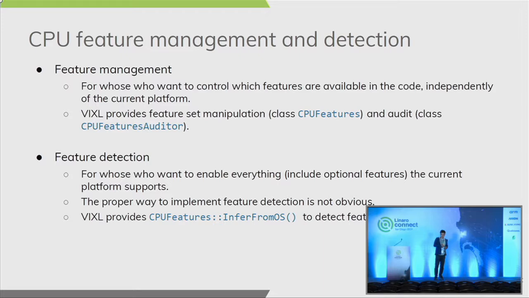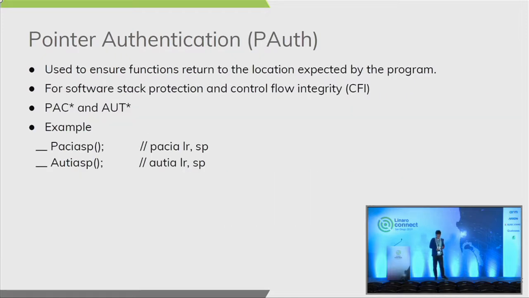And in terms of feature detection, the other part of VIXL users just want to enable every CPU feature their platform has. But the implementation isn't very obvious, so we decided to provide an API to implement it for them. Okay, and then I will go very quickly through what extensions we have done.